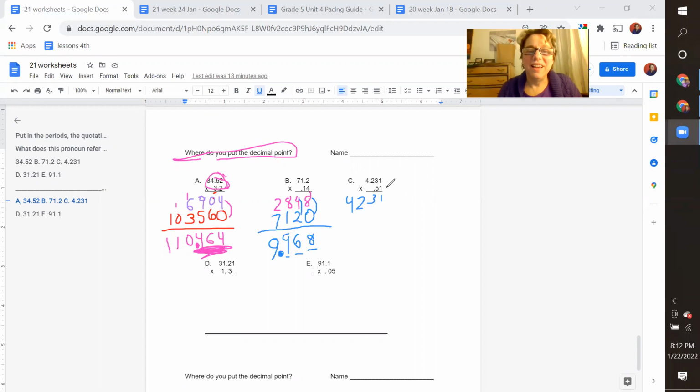Now I go to 5. 5 times 1 is 5. 5 times 3 is 15. Carry the 1. 5 times 2 is 10, plus 1 is 11. 5 times 4 is 20, plus 1 is 21. There's no more numbers here, so I put my 21 here.